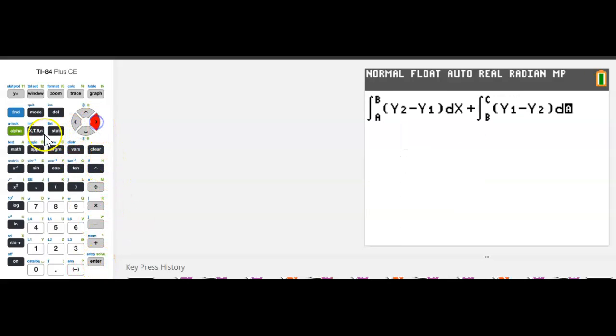Don't forget to put in x for the dx, the variable of integration, and hit enter. The answer is 1.662.